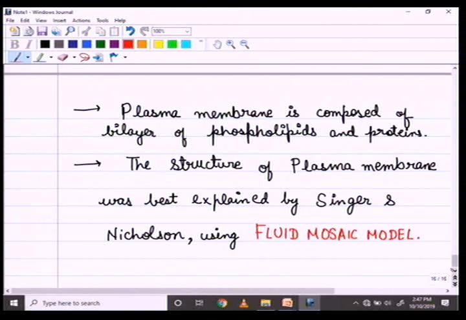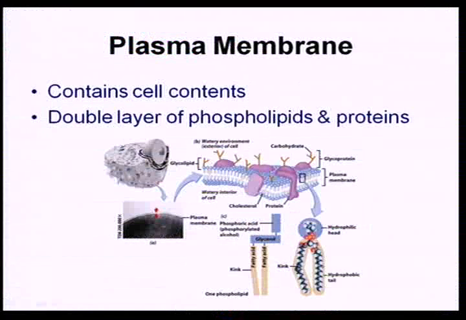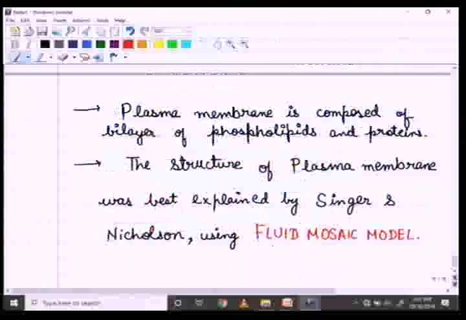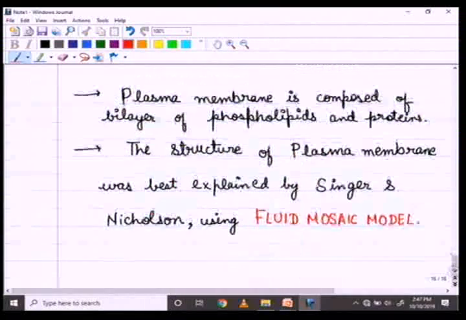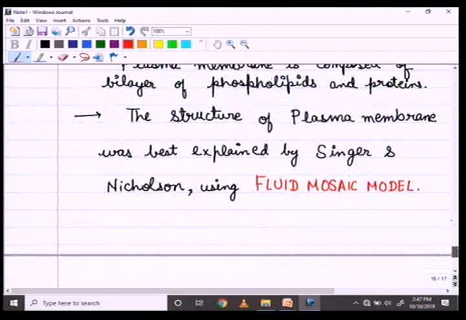Right? So what is this fluid mosaic model we are going to study now? Look, this is the fluid mosaic model. We are going to draw this. So let's draw the structure of the fluid mosaic model. We are going to have a bilayer of lipids, phospholipids and proteins.